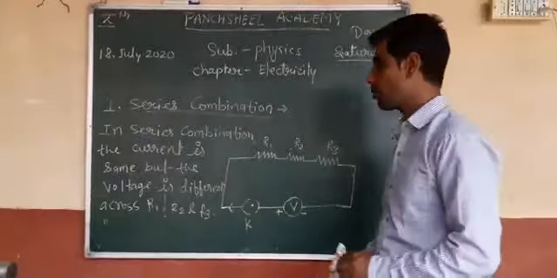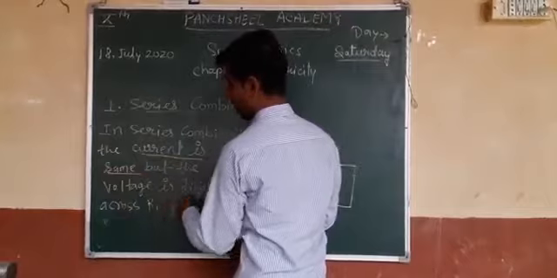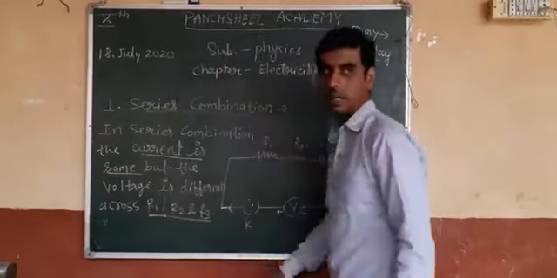This is a very important line. Current is the same and voltage is different across R1, R2 and R3.